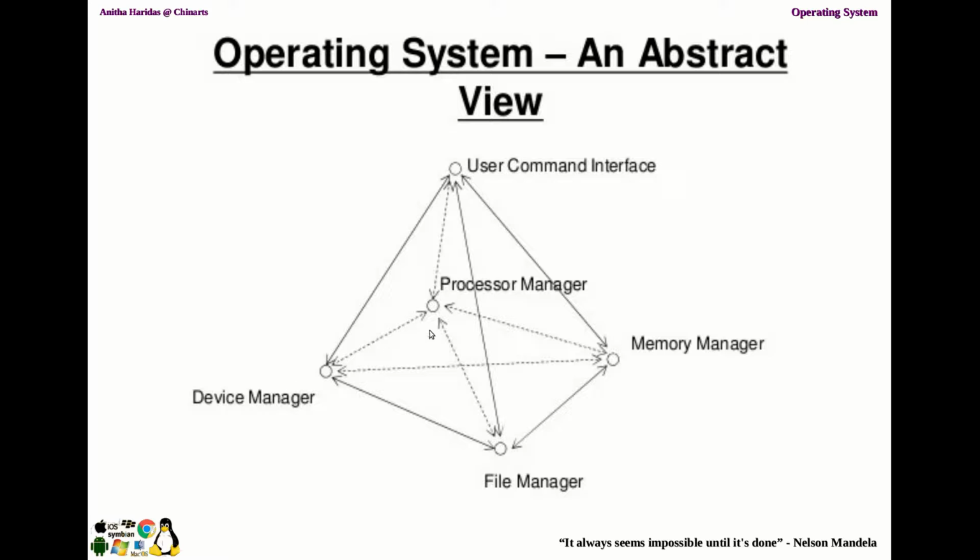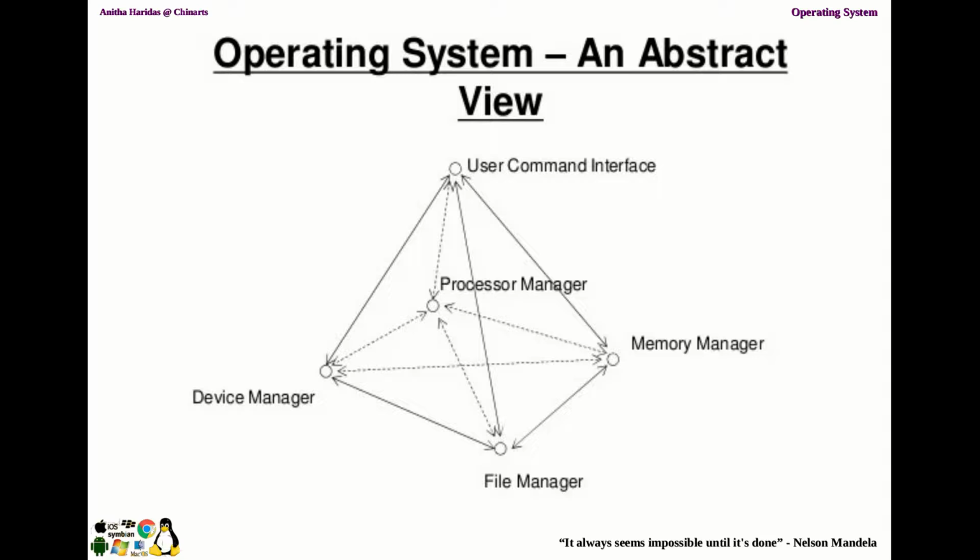Each module will be managed by a manager called processor manager, memory manager, file manager, and device manager. The processor manager is one module which helps in handling the processor.